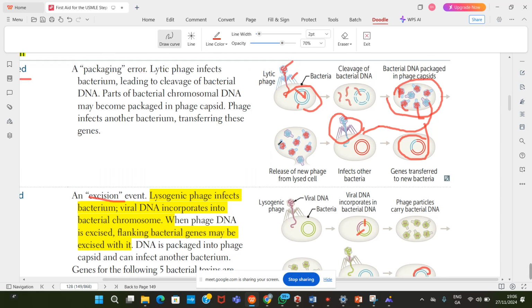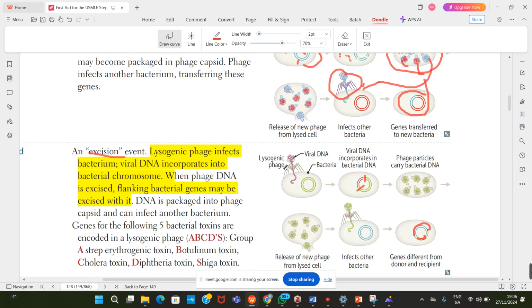But for lytic phage, the new cell is only going to contain DNA from the old bacteria. It is not going to contain DNA from the lytic phage. But in the lysogenic, it's going to release its own DNA, the DNA of the bacteria from the old cell, and mix with the new cell because it is an excision error, excising genome containing the old bacterial genome and its own genome.